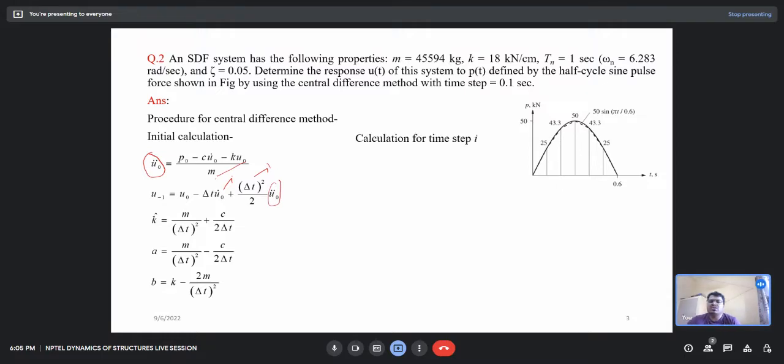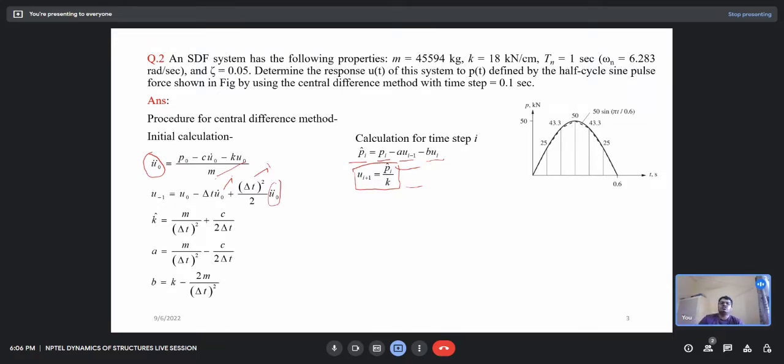After that, for the ith step, we calculate the force for the next step: p hat i equals p i minus a into u i minus 1 minus b into u i. So the displacement for the next step is u i+1 equals p hat i, the updated load, divided by k hat.